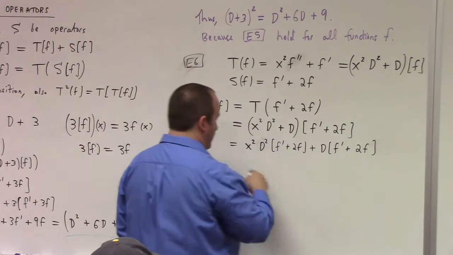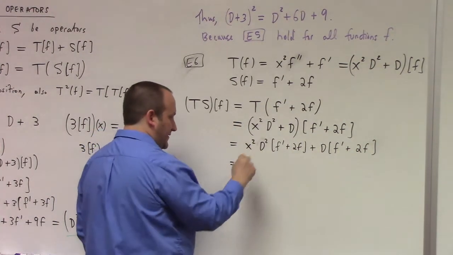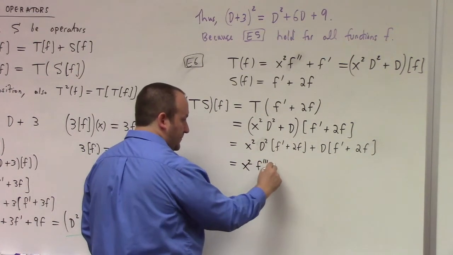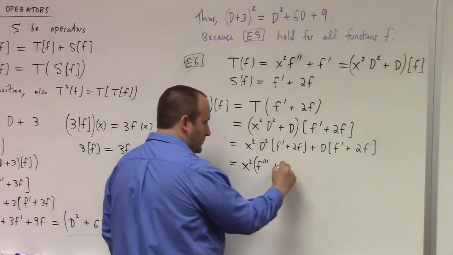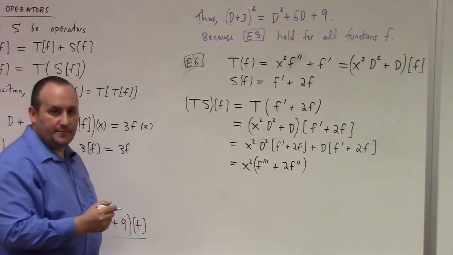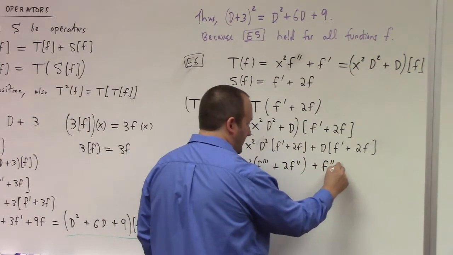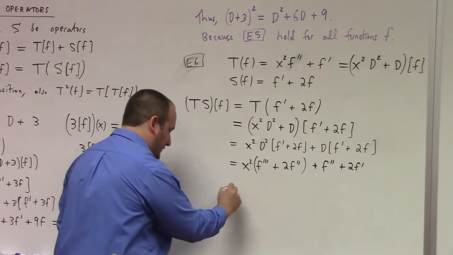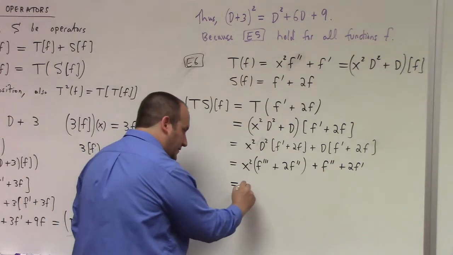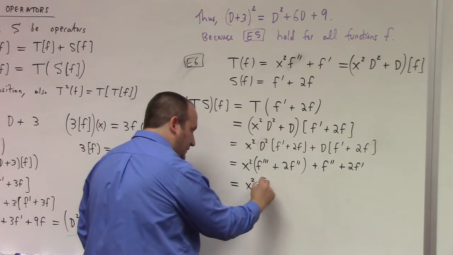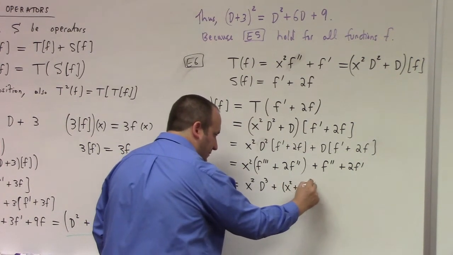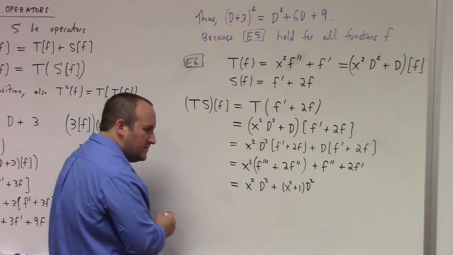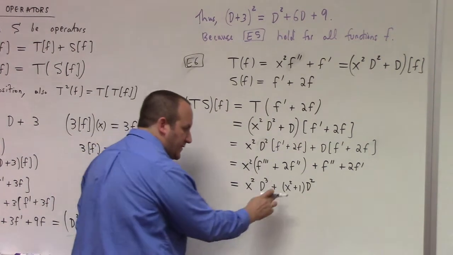I'm using the addition of operators definition we just wrote, and this gives me x squared f prime prime prime plus 2f prime prime, plus f prime prime plus 2f prime, which I suppose I can rewrite as x squared d cubed plus, that was a 2x squared, wasn't it?